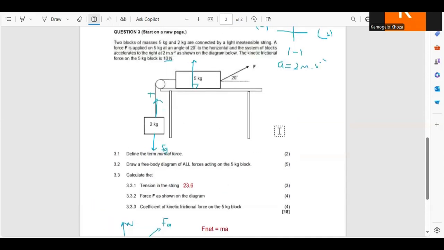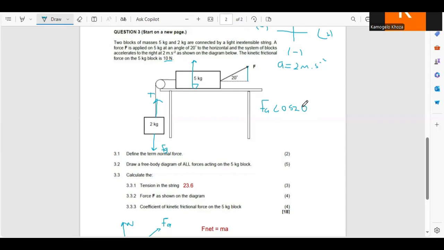Now the next question wants us to calculate F. In this case, this is our force applied. Now, if I were to draw a right angle triangle here, let me just draw a line here. All right. Because this 20 degrees is adjacent to the horizontal component we're looking for, we're going to use cos, right? Meaning the horizontal component of our force applied is going to be force applied cos theta, and in this case, it's going to be cos 20.